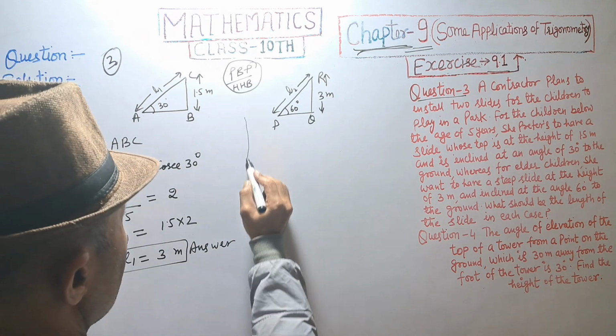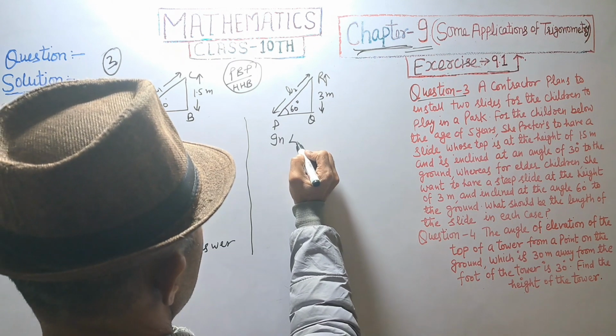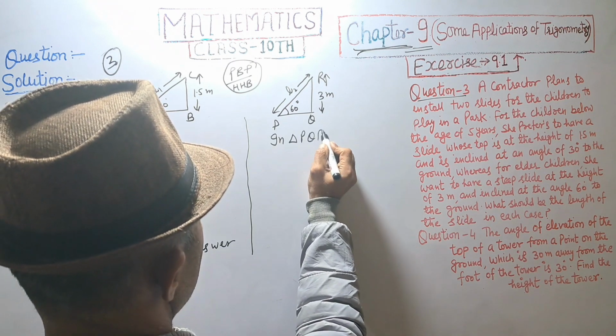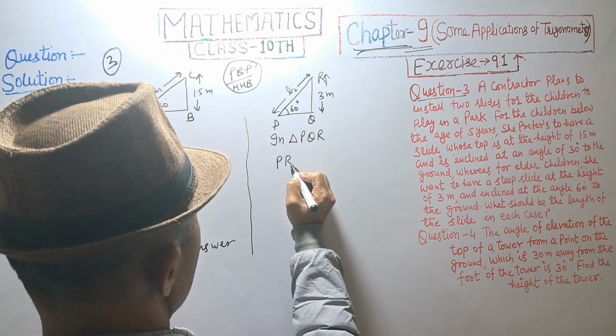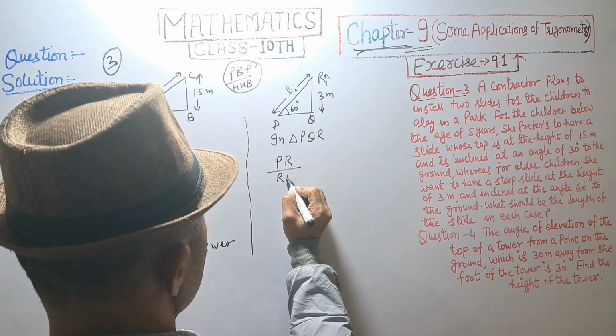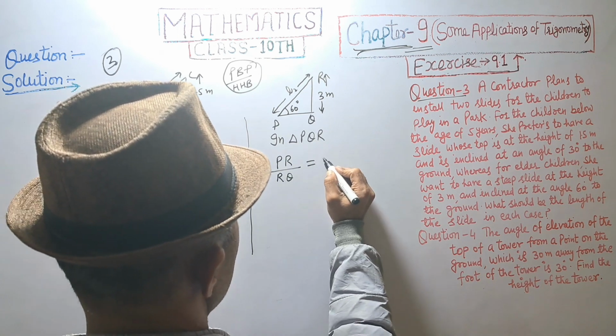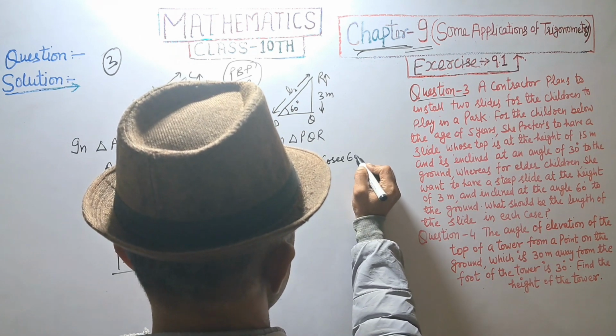And in triangle PQR, PR upon RQ is equal to cosecant 60 degree.